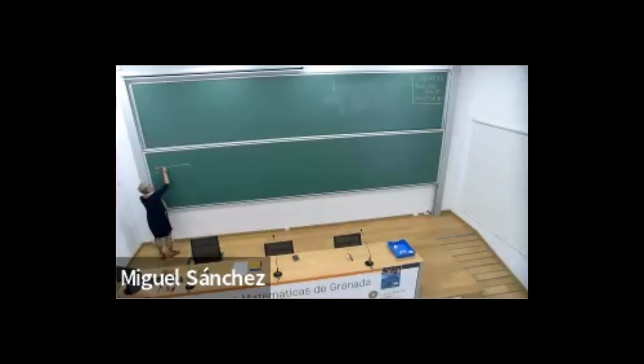Let us give a name to those points: eta 0, eta 1, and so on, eta k plus 1. And then at the interior points we also decide a regularity, a smoothness that we want to have. Let us say regularity 1 at the first point, regularity 2 at the second point, and regularity k at the k-th point.